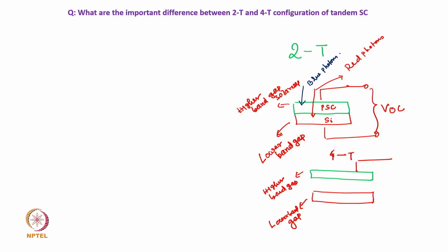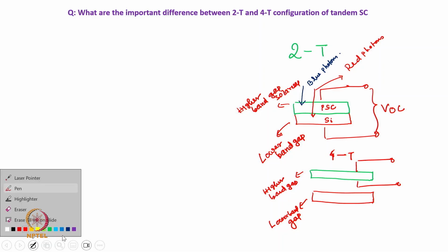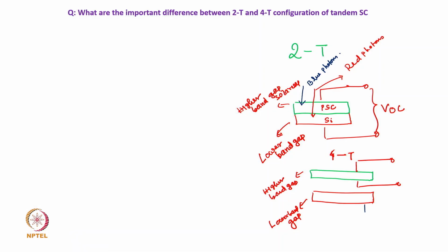Then you have individual VOC1, VOC2, and you actually stack them.